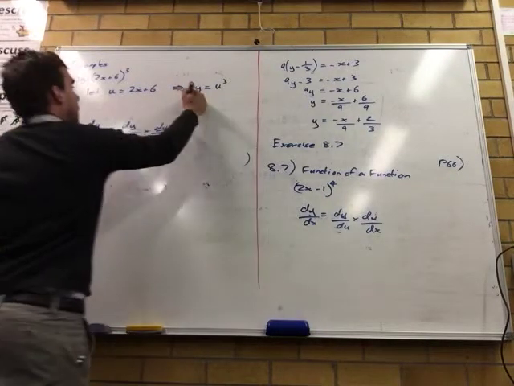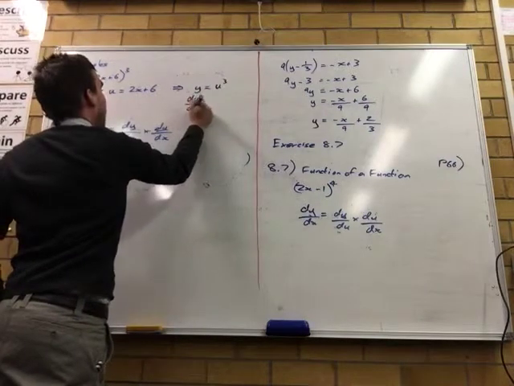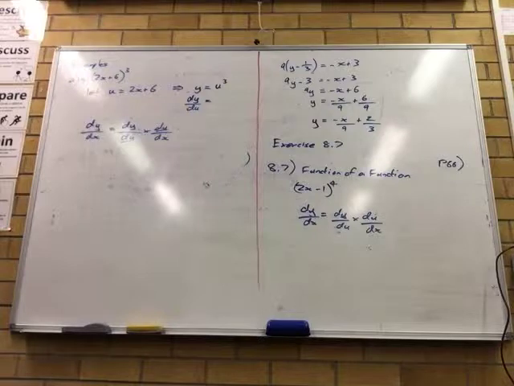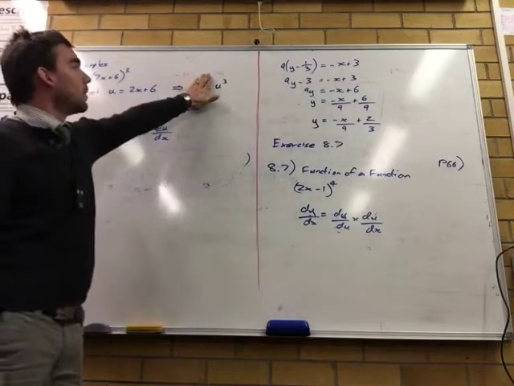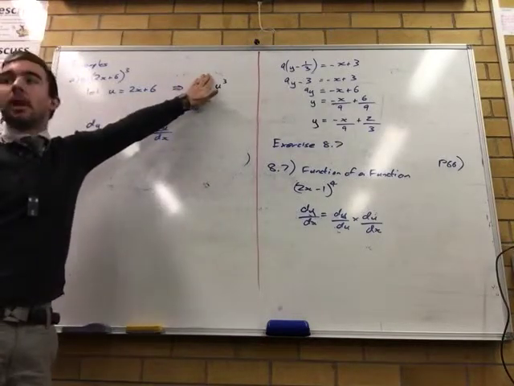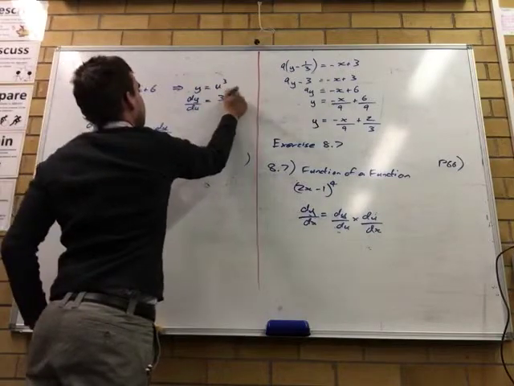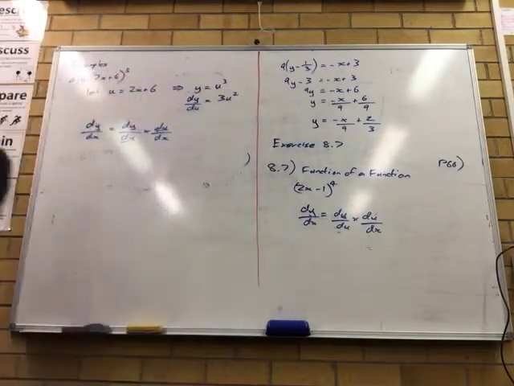So dy over du: what's the derivative of u to the power of 3? 3u squared.